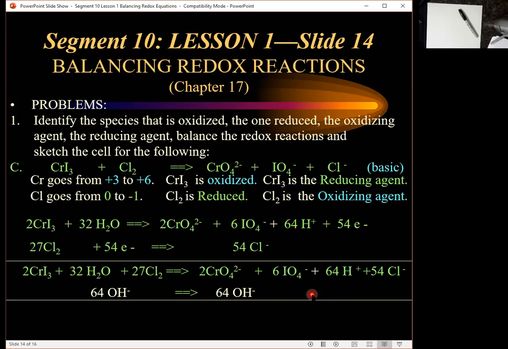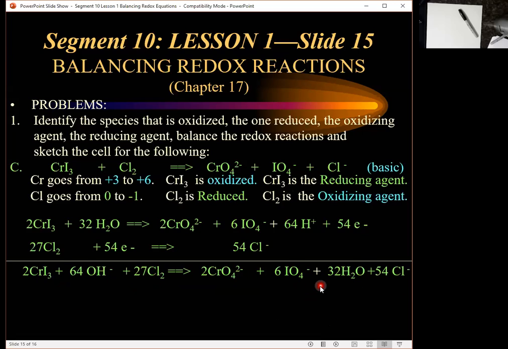And when I do that, the 64 OHs and 64 H plus make 64 waters. We have 32 over here, so we can cancel out 32 of them. And so all we've got now is this. And if you've done this correctly, it should completely balance. And if you follow through this one, this would have to be about as hard as it gets.